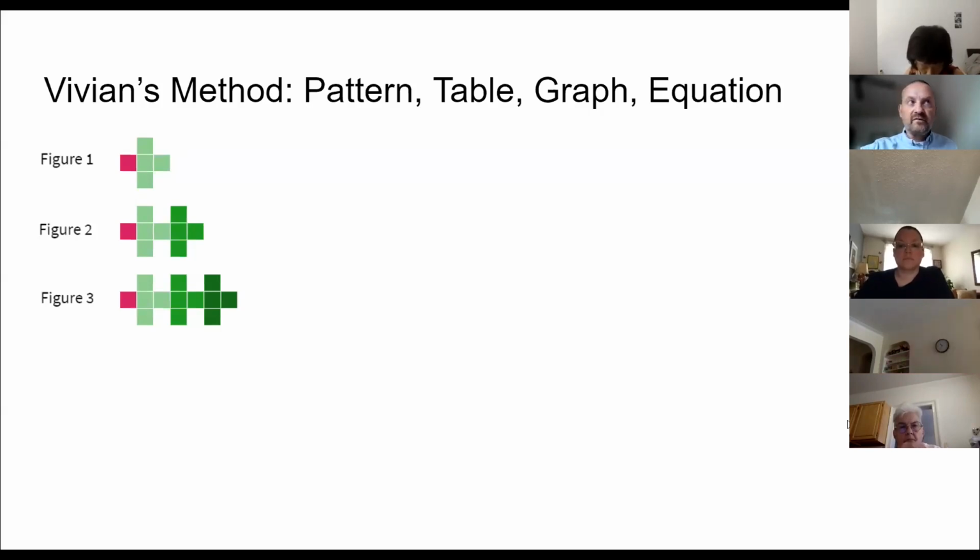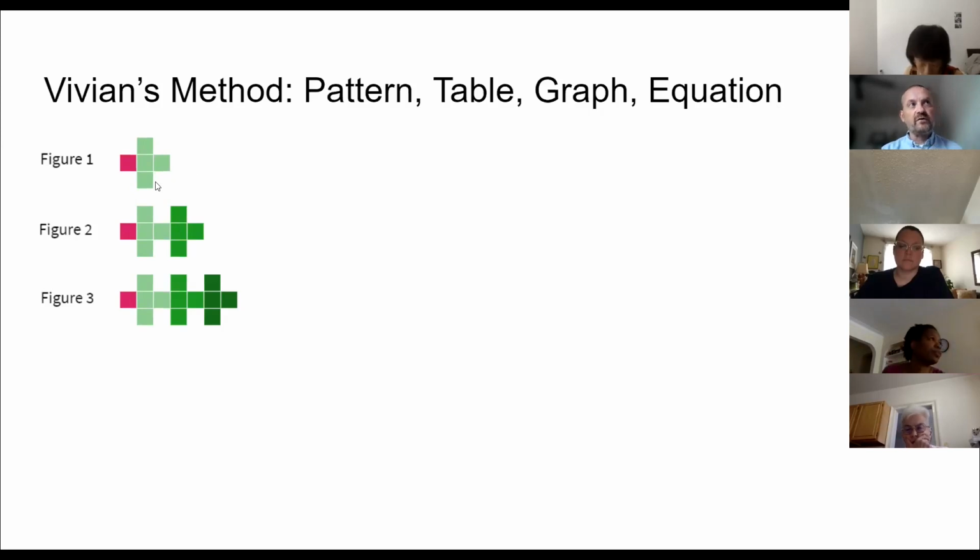This is Vivian's method of counting the tiles in this visual pattern we've been looking at. So as you've all talked about, what Vivian saw was one red tile on the left side. I colored it red, but she saw one tile on the left side, and then she saw groups of 4 tiles, which I've made green, right?